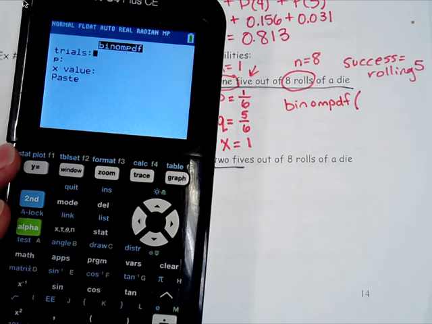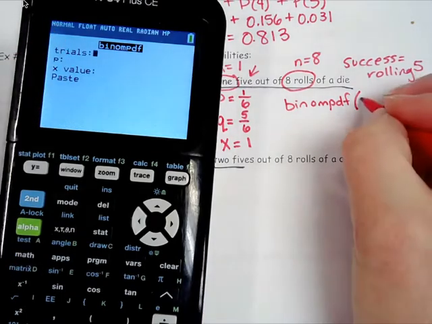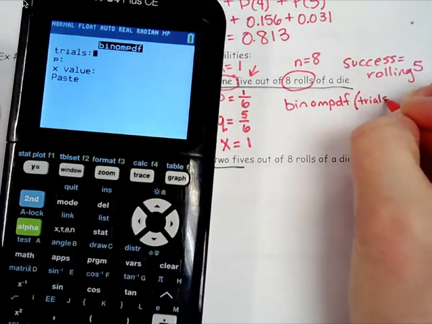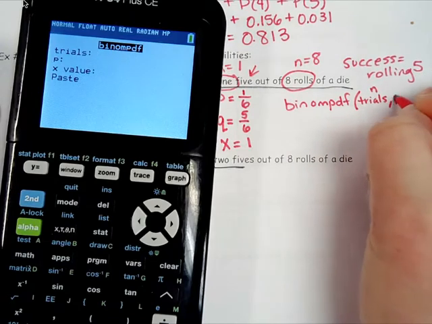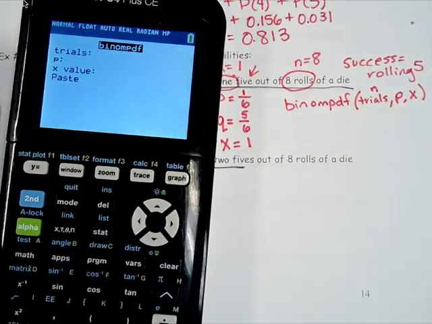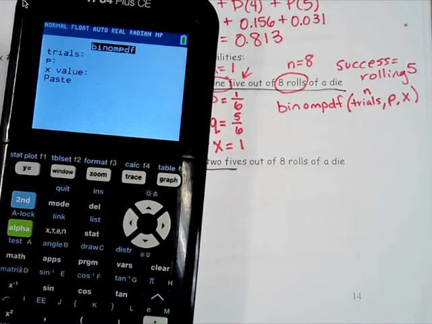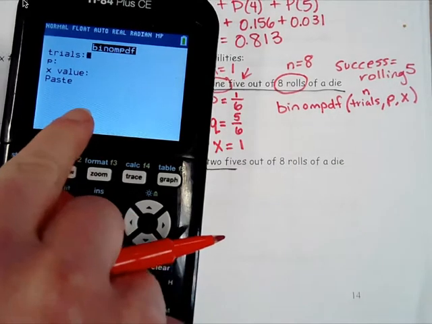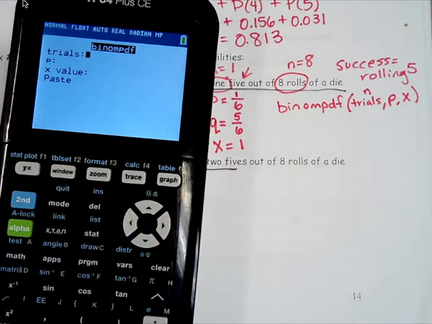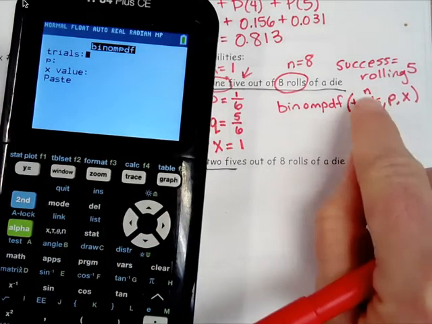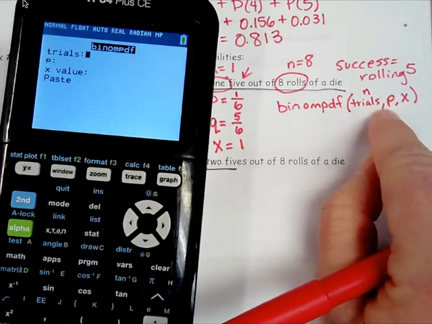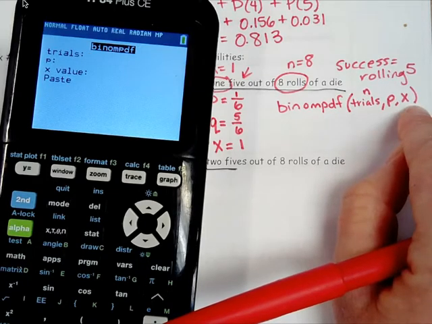If you have an older calculator, you're actually going to do trials. So that'll be N, comma, P, comma, X. It's not going to give you a pretty menu like this if you have one of the older calculators. So you got to put trials first, probability of success, and then how many you want, X.